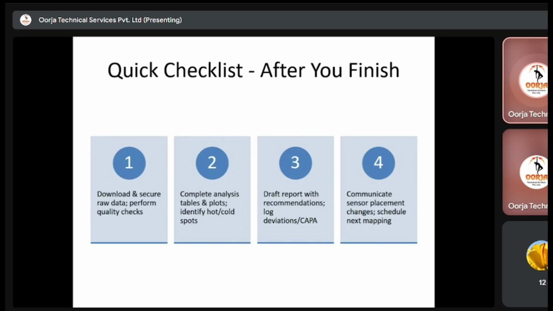Then we draft the reports with conclusions and any deviation if there. And finally, communicate sensor placement changes and schedule for the next mapping, which can be concluded by the due date of the mapping.